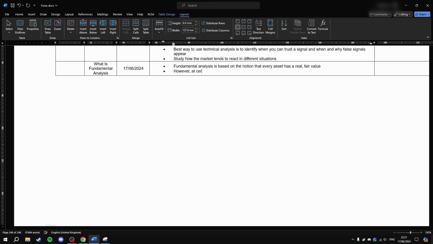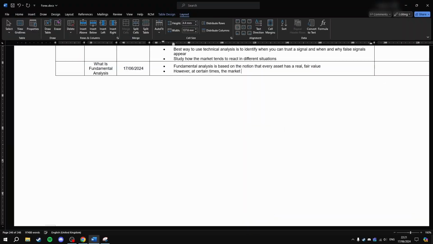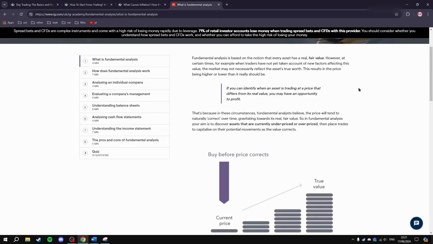However, at certain times, the market may not necessarily reflect the asset's true worth.